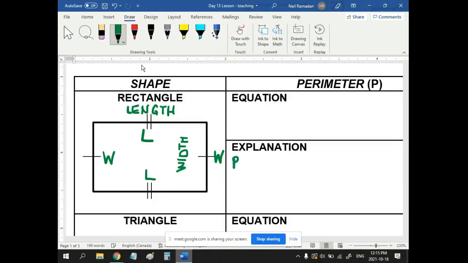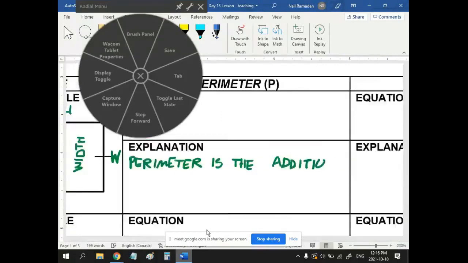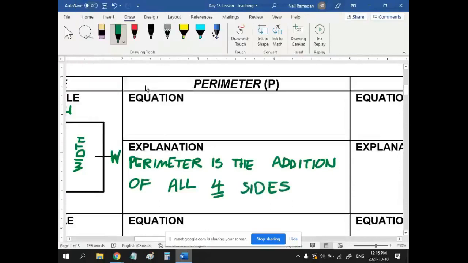Perimeter is the addition of all four sides.